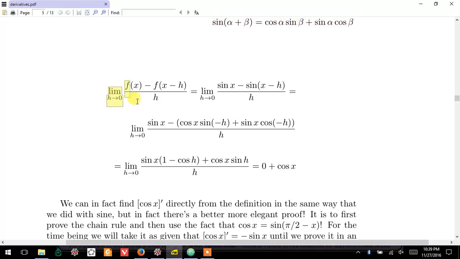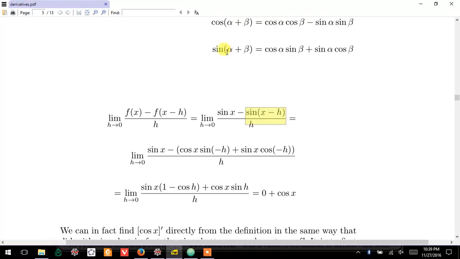I'm going to go using the definition. So here I state the definition of the derivative. I apply it to the sine function. Now, at this step, I use the sine angle sum formula on x and negative h. So alpha is x, beta is negative h. And so I get this.